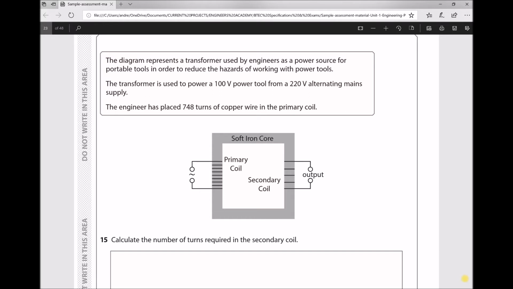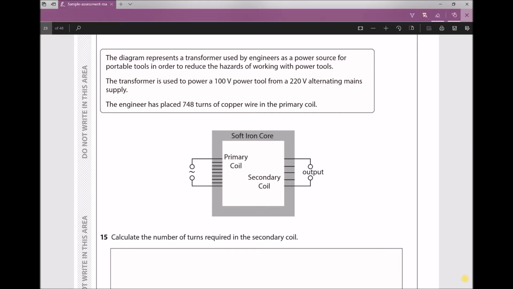So if we refer to our diagram, we have a transformer, and on the left hand side we have our primary coils, and on the right hand side we have our secondary coils. The question gives us some information. The transformer is used to power a 100 volt power tool from a 220 volt alternating mains supply. So the question's telling us that the voltage on our primary coils is 220.